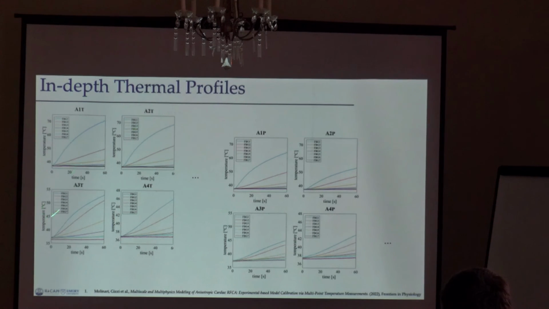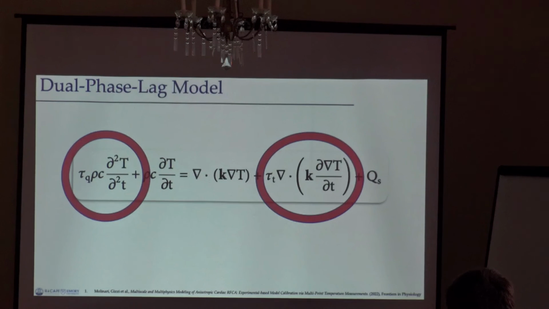Now, up to 60, we can reach closer to the electrode 70 or 80 degrees, not 100. We avoided steam pops. But in order to recover these trends, we have to generalize the heat equation once again.